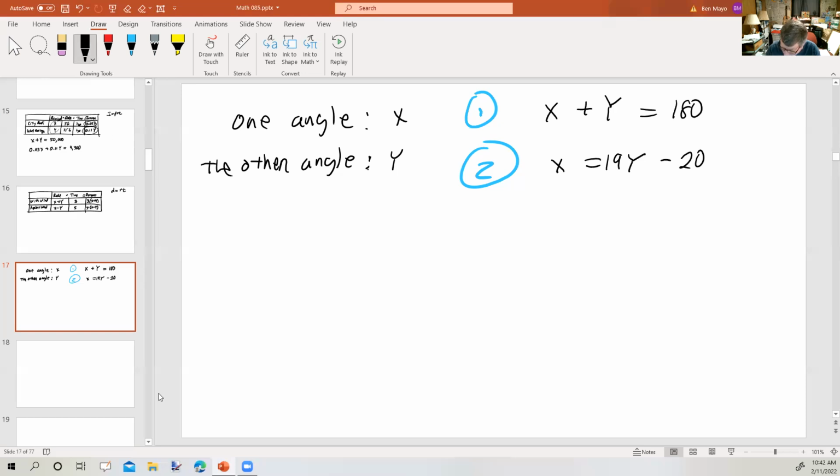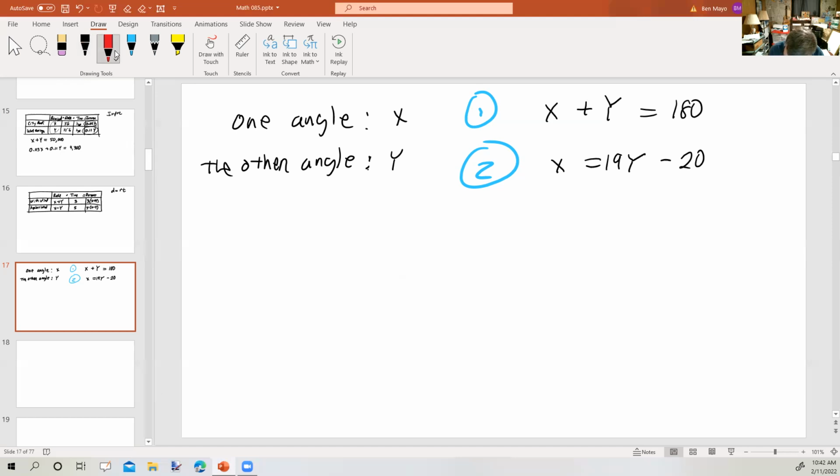All right, so we have our two equations with two unknowns. Now, there's nothing in the instructions that says you must solve it using graphing, you must solve it using substitution, or you must solve it using elimination or the addition method. Looking at it, it seems to me like substitution would be the way to go because equation 2 is already solved for one of the variables. So that's what I'm going to do.